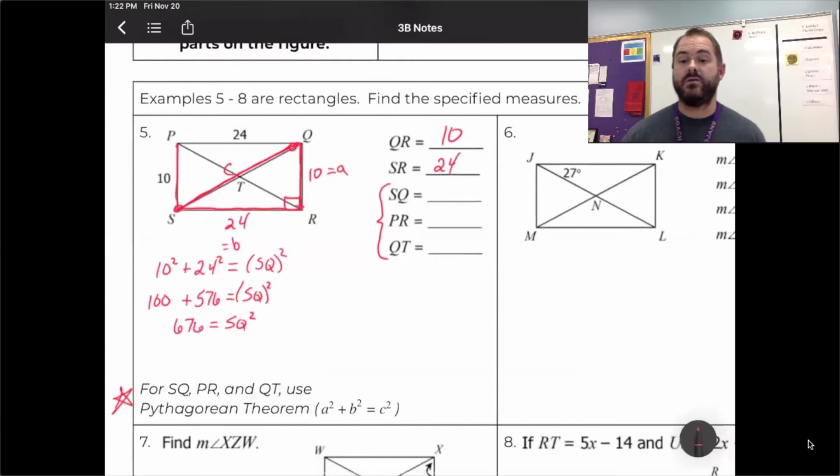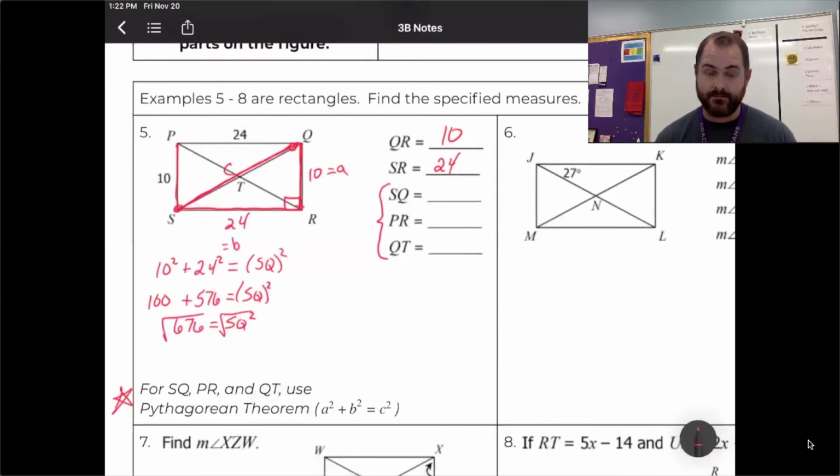And so to undo the SQ squared and find the length of SQ, we're going to take the square root of both sides. So SQ is the square root of 676. And when you use your calculator, you will find the square root of 676 is 26. So this diagonal SQ is 26.